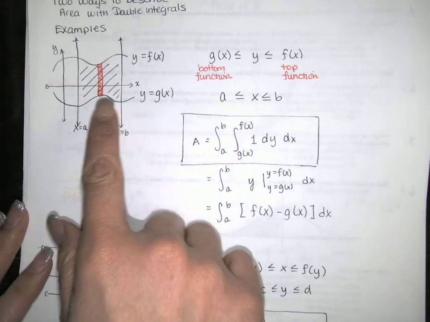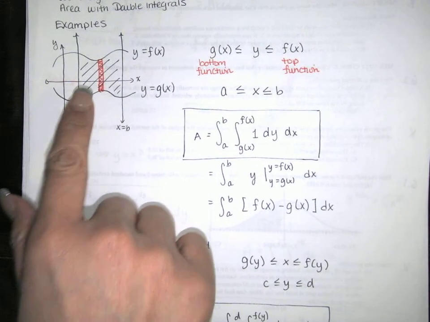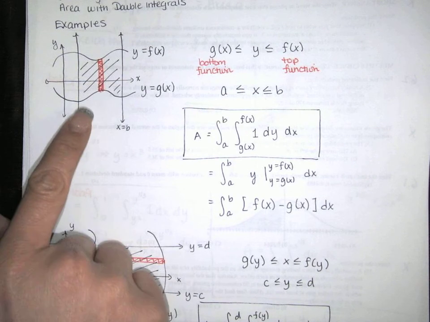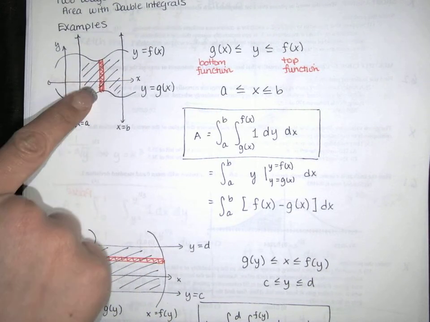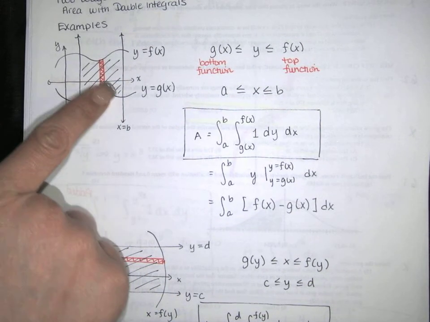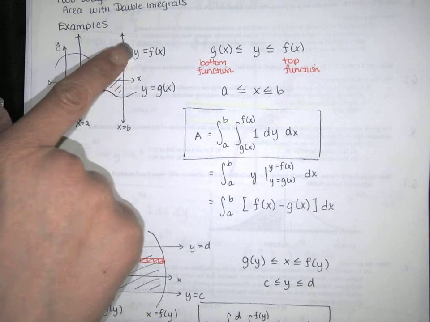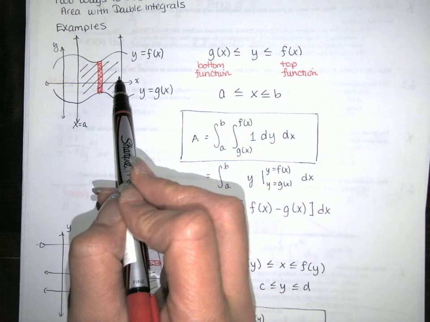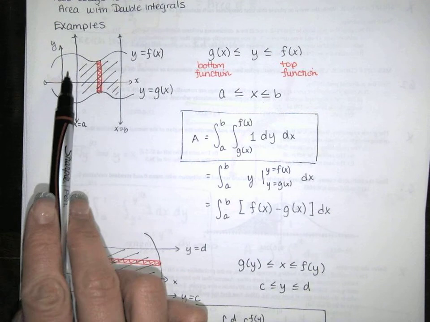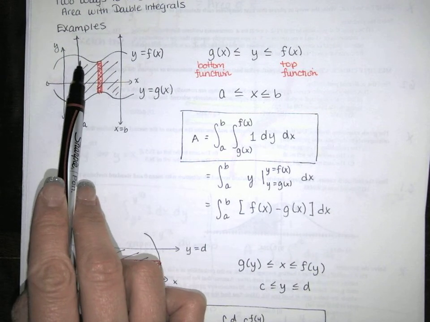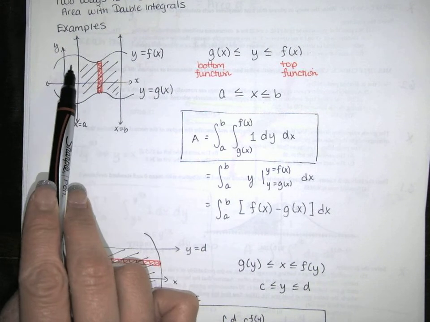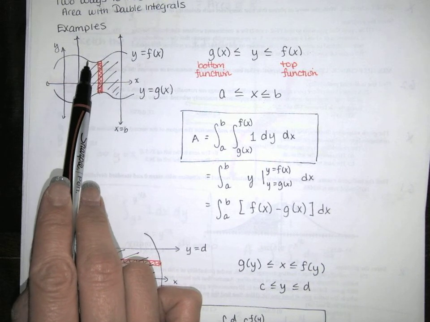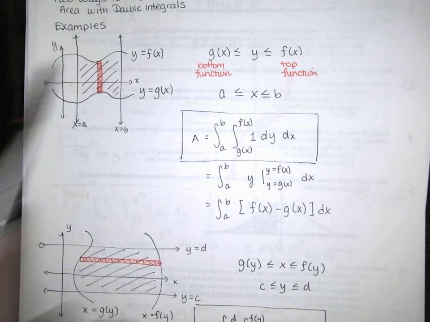If the region looks like this, it makes much more sense to integrate with respect to y first and then x, because these vertical rectangles all start at y equals g of x and end at y equals f of x. If I tried to draw my rectangles horizontally, well, x would go from A to B most of the time, except for up here. Then it would be weird.